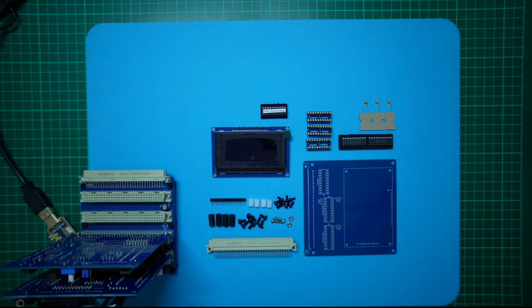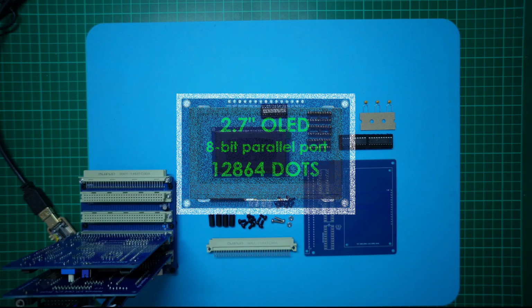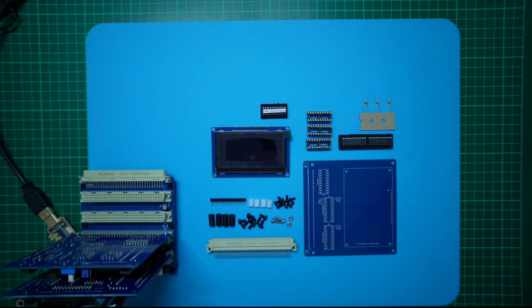So, given our MECB standard board size, I've chosen a really nice 2.7 inch 128 by 64 OLED display panel, which fits nicely onto an MECB card. This makes an all-in-one 128 by 64 graphics OLED display card for our experiments and retro recreations.